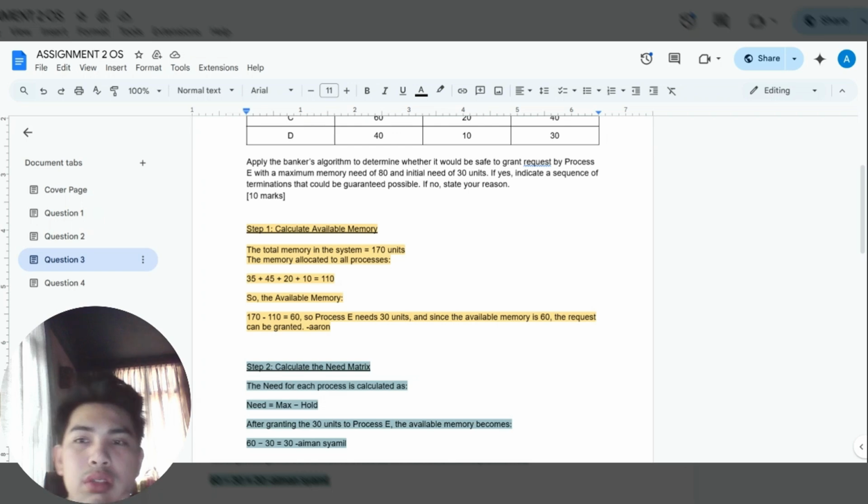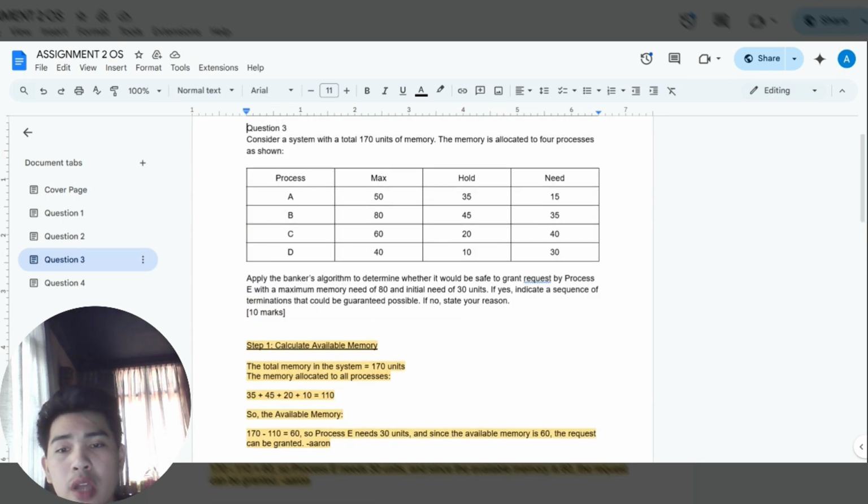Okay, so in this question number 3, I will be explaining the first step in calculating available memory, and whether the request for process E can be granted. So from what we understand, how do we calculate the remaining available memory? Based on question 3, we know that the total memory before any process is done is 170 units of memory.